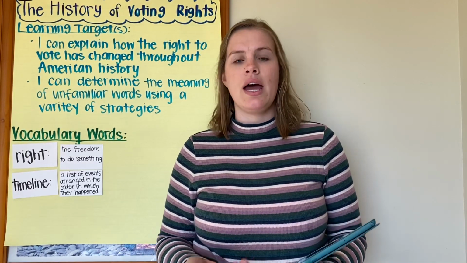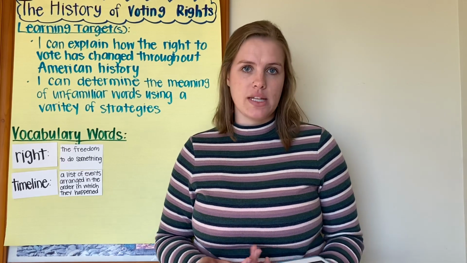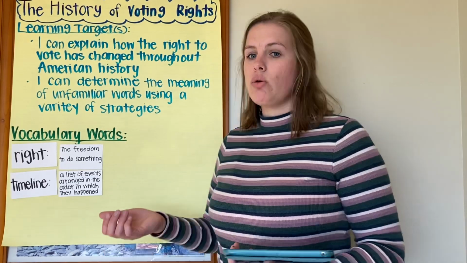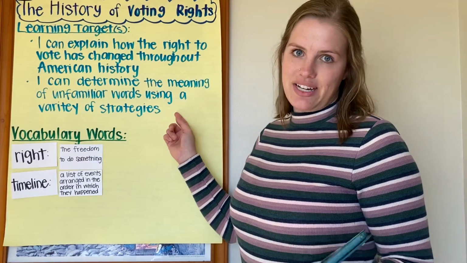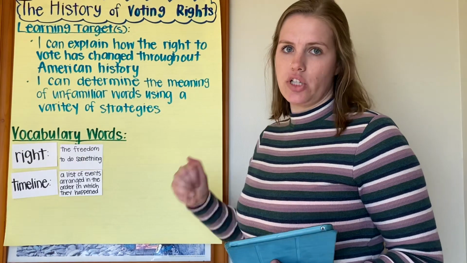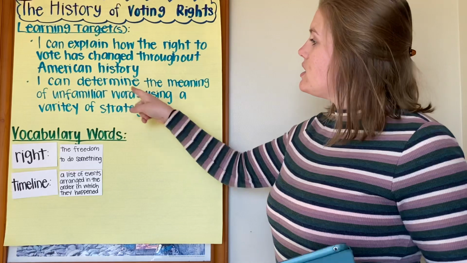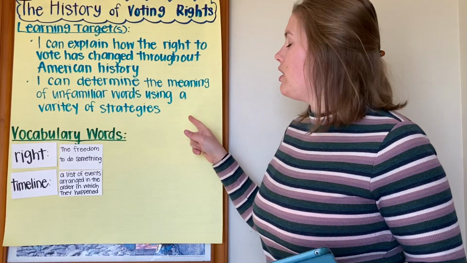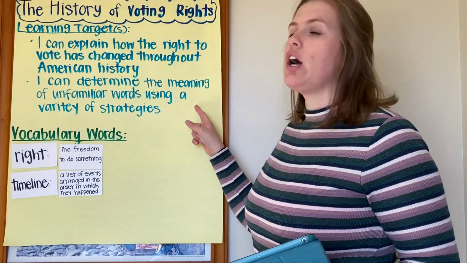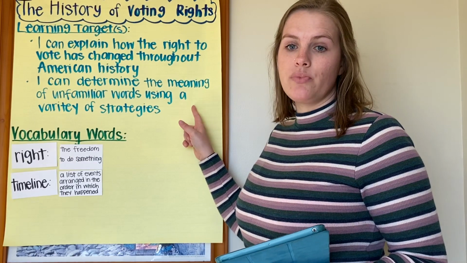Specifically, we're going to discuss how we can determine the meaning of words that are unfamiliar to us. So your learning target, I added one today. We now have a second learning target for today's lesson, and that's I can determine the meaning of unfamiliar words using a variety of strategies.